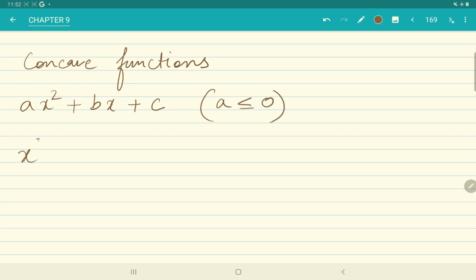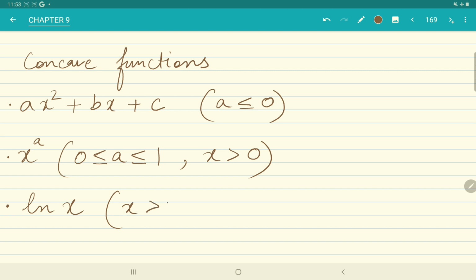If you take up x raised to the power a, when a lies between 0 and 1, both inclusive, and x is greater than 0, it is a concave function. Also, if you can just recall, the natural logarithmic function is a concave function.